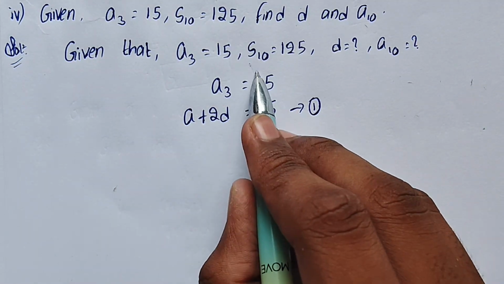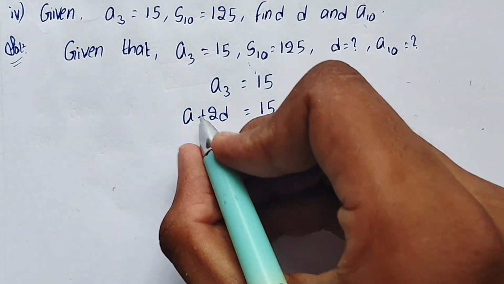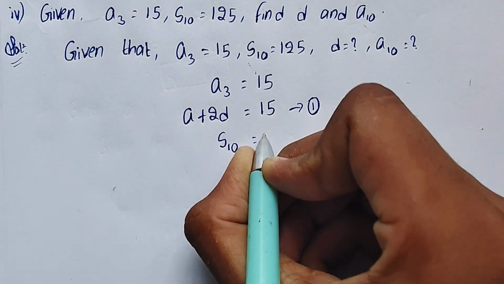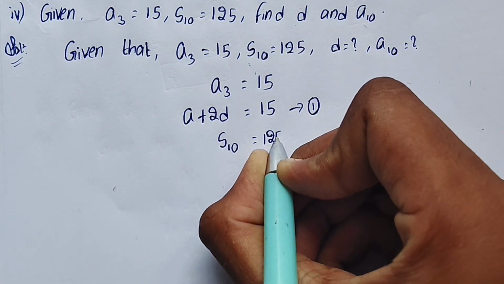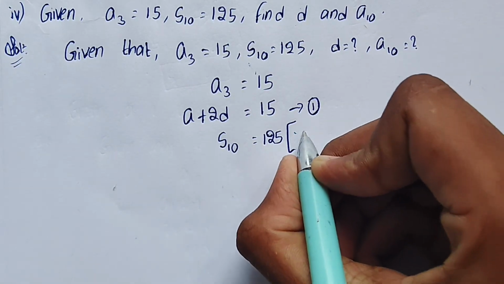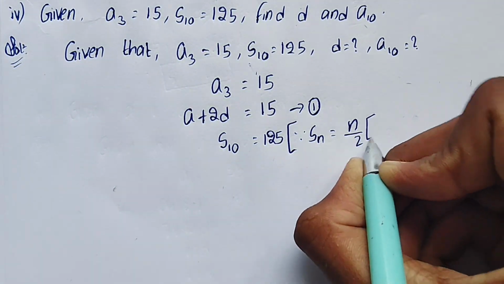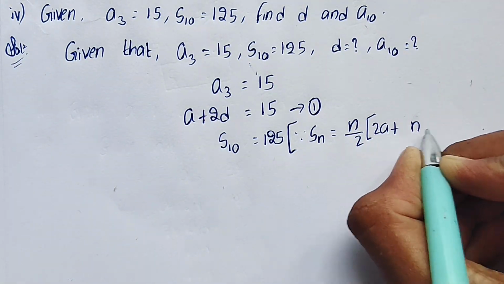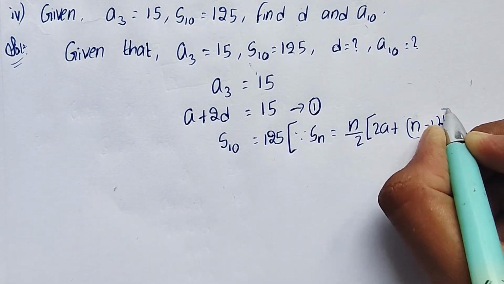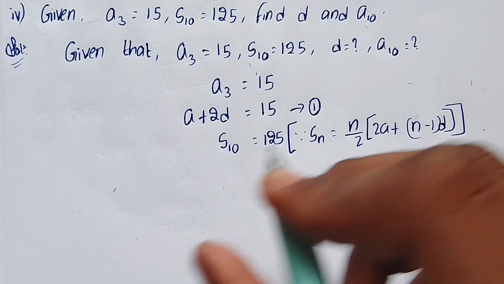Next, S10, the sum of 10 terms, equals 125. We know the formula of Sn, that is n by 2 into 2a plus n minus 1 into d. Understand? Now here I am substituting the values.